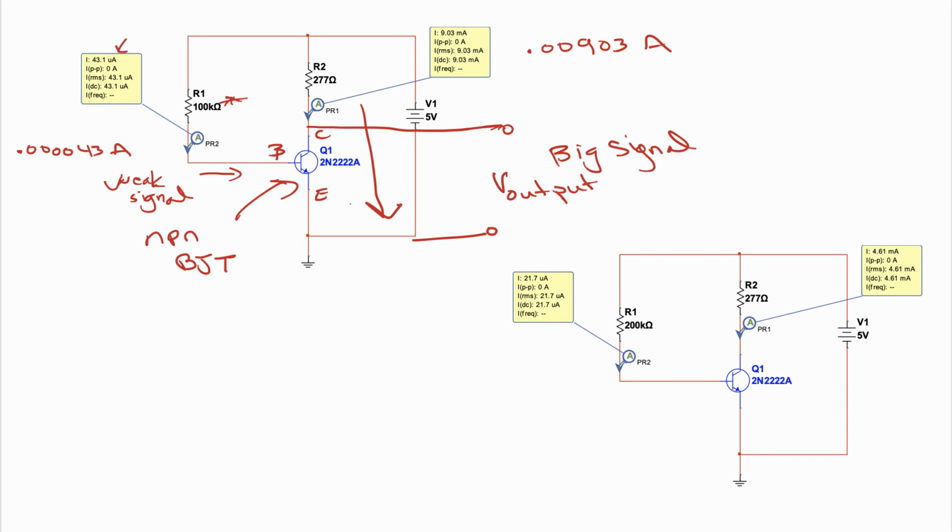So by controlling what happens at the input of the base, we can get amplification at the output.